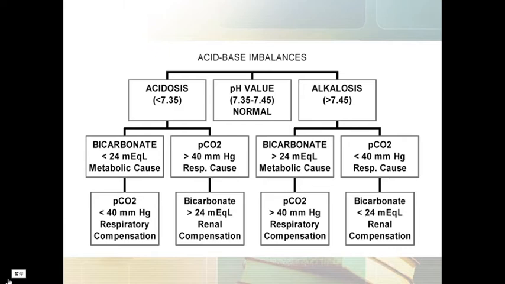And the other type of acidosis, because it's a respiratory cause, so we pay great attention to carbon dioxide pressure. Respiratory acidosis shows the parameter of carbon dioxide higher than 40, and the bicarbonate will be higher than 24 after renal compensation.